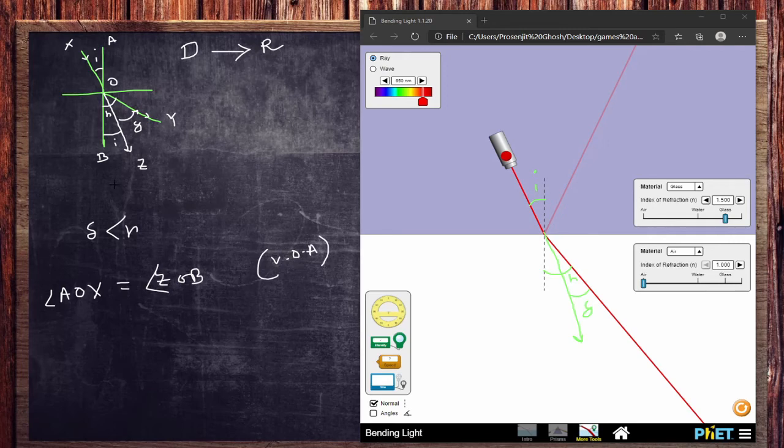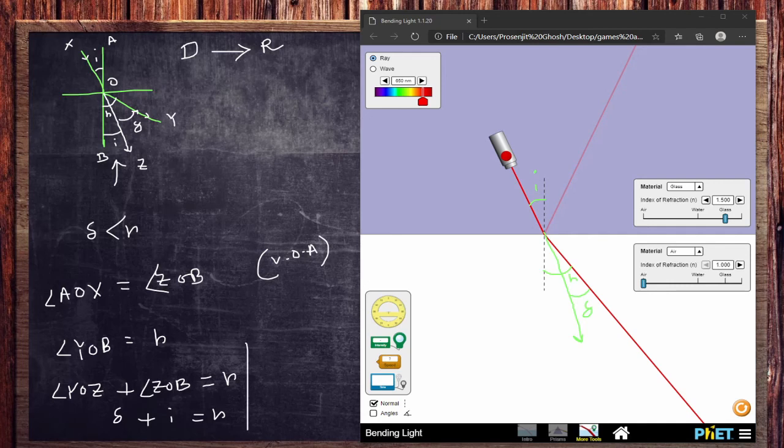We need to find this angle in terms of delta and R. See, the total is R, that means YOB is R. If you break that into two parts, YOZ plus ZOB, that is also equal to R. As I told you, ZOB is I, and YOZ is delta. So this time you get delta equal to R minus I.